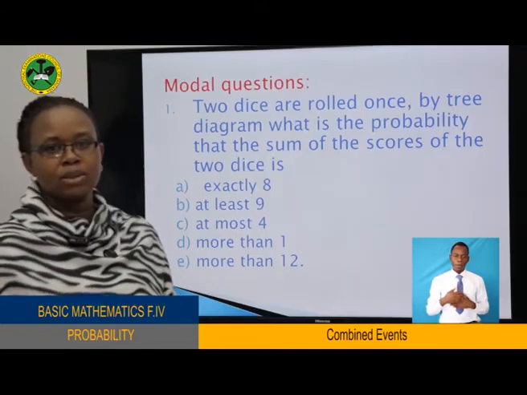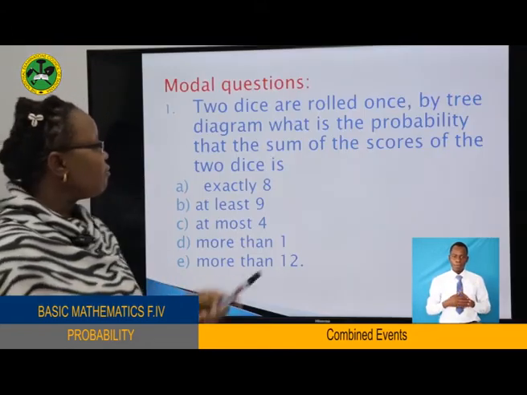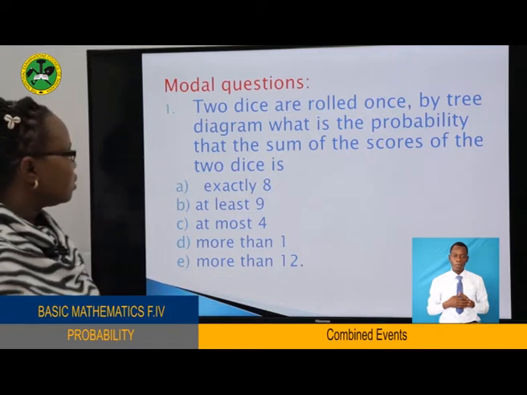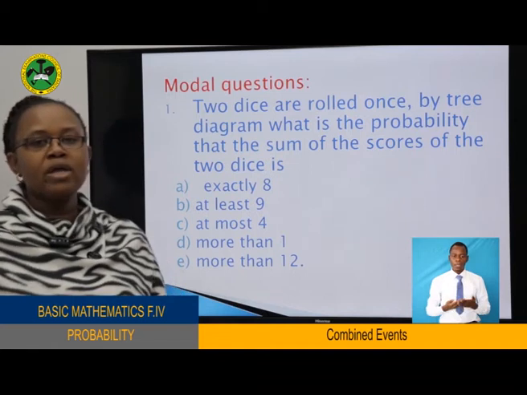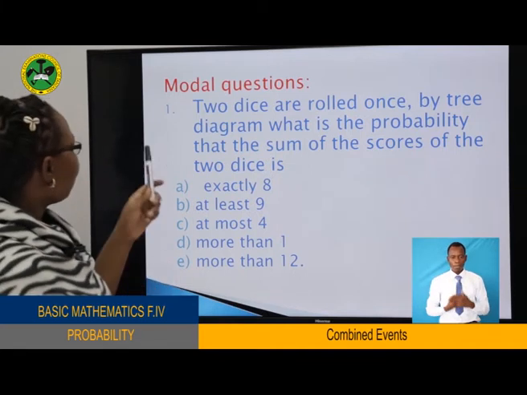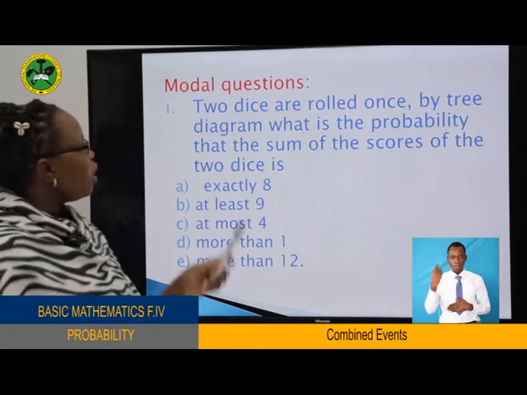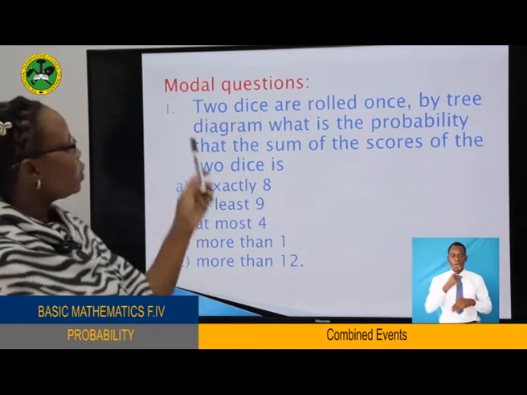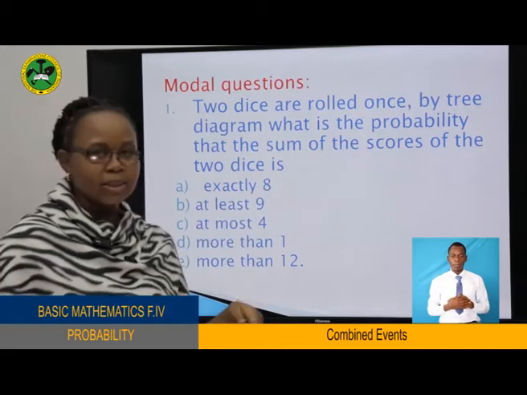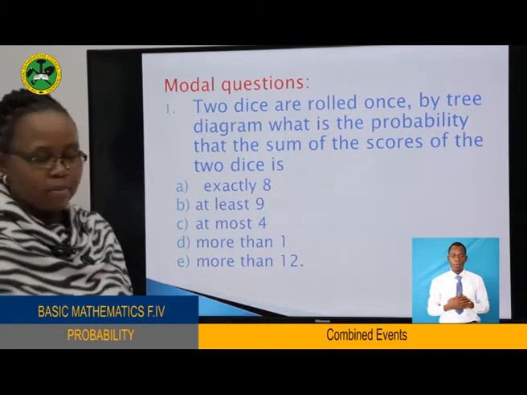My dear students, we have questions which will guide us to understand the combined event better. Question number 1. Two dice are rolled once. Use a tree diagram.